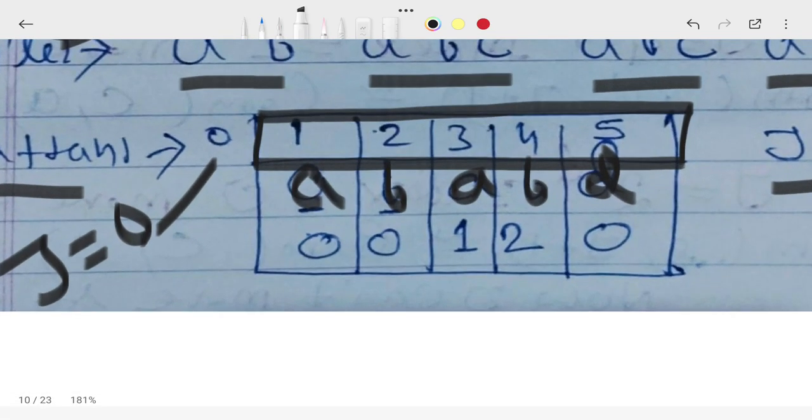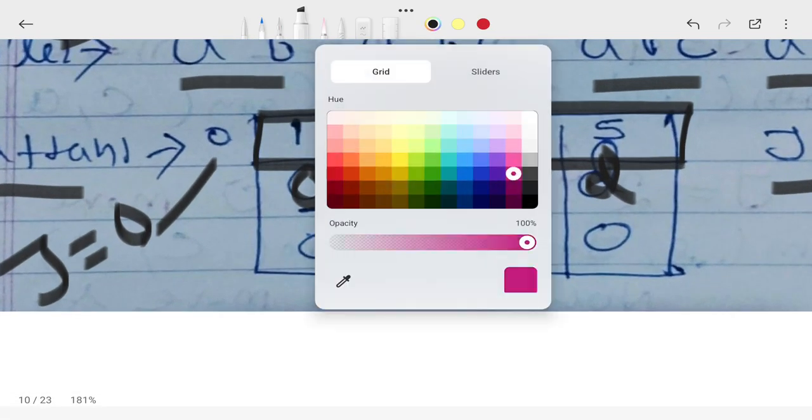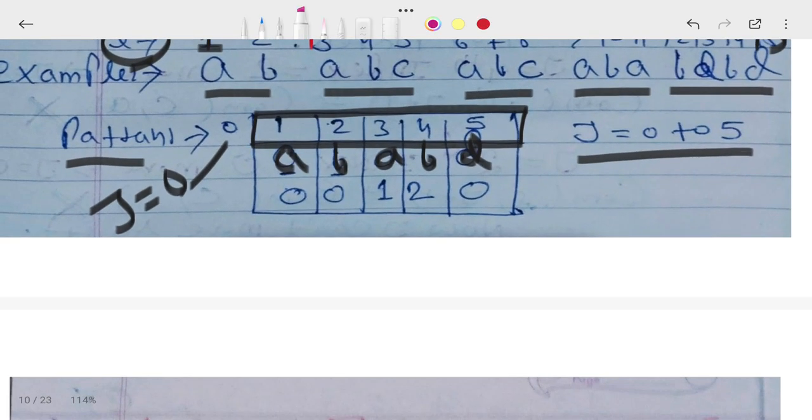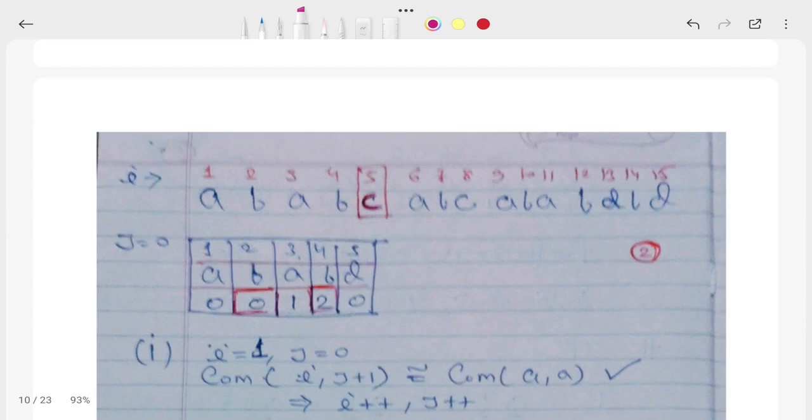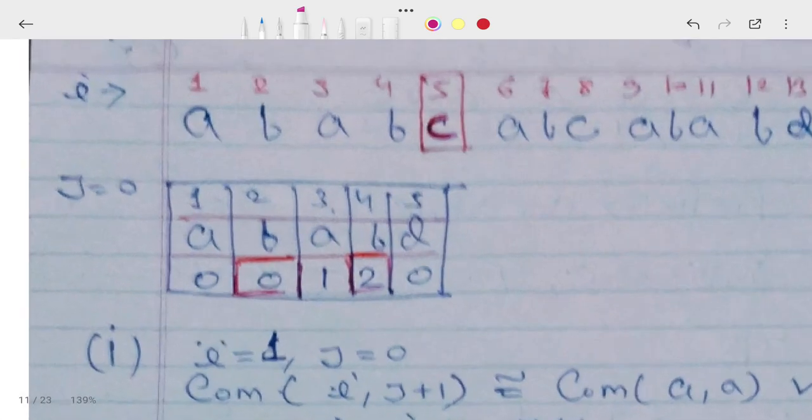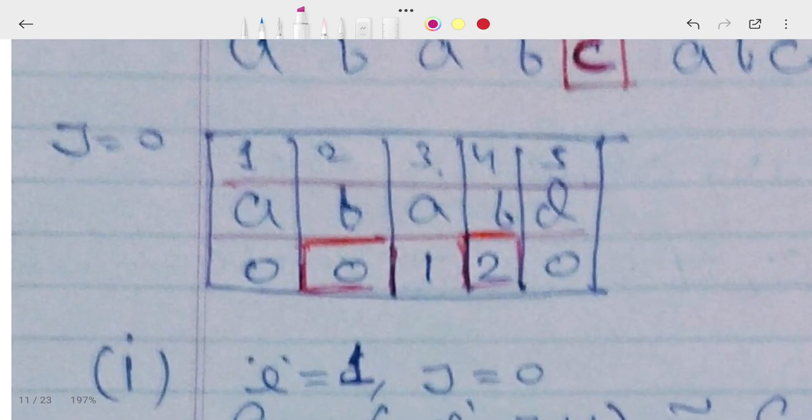Now I will explain what this is. See here, you have to understand what this 0 0 is. So this A. Next is B. This A already came, so I am writing 1.